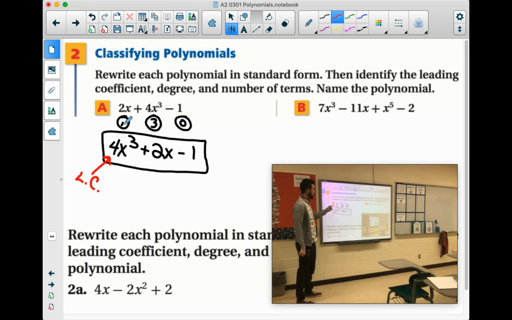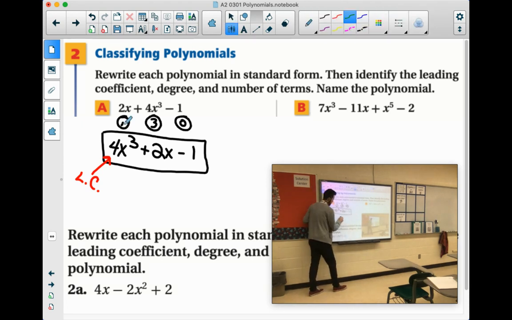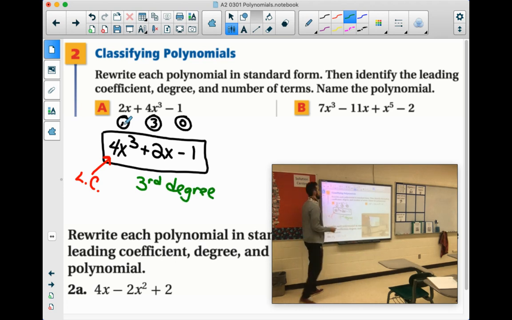The degree, remember, again, standard form, you go highest degree, so it would be first. So we would say it's the third degree. And then number of terms, we would say 3 terms.